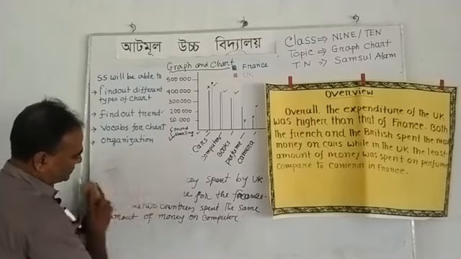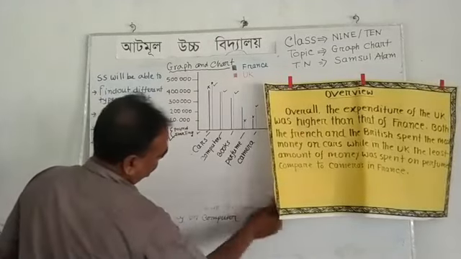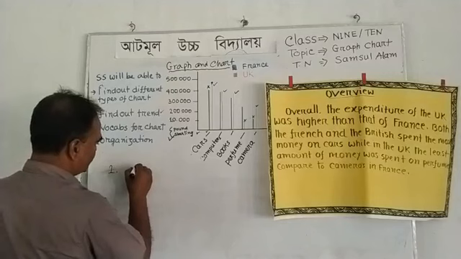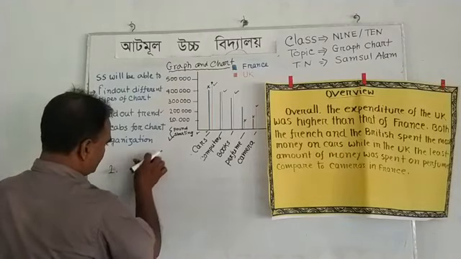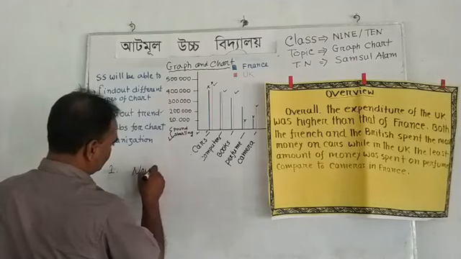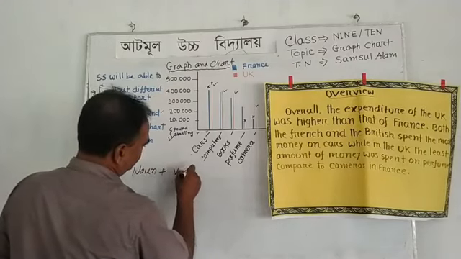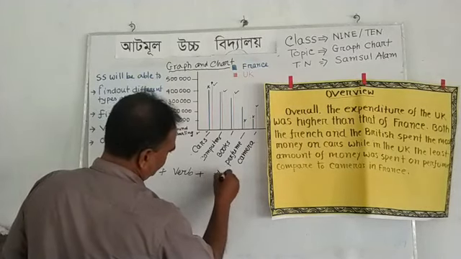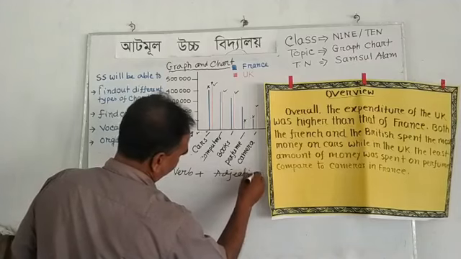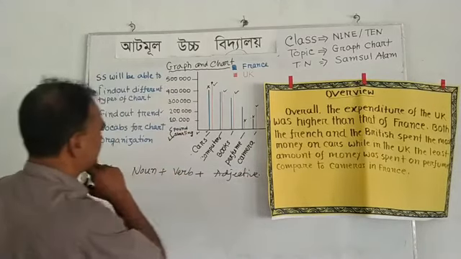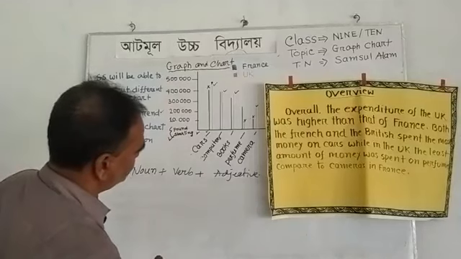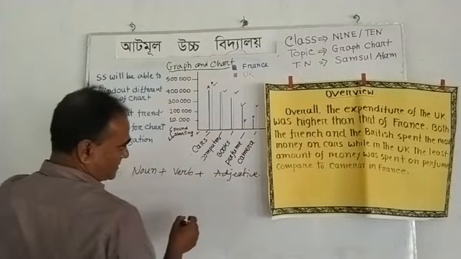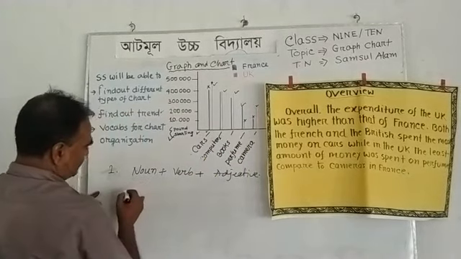And we will use two types of sentence structure. The first one is noun plus verb plus adjective. So we are going to write a sentence with this structure.